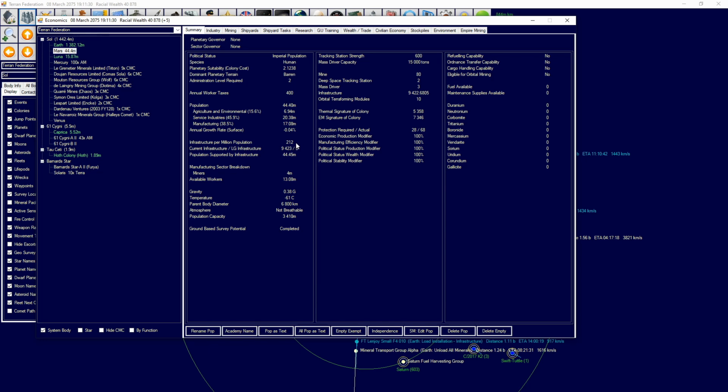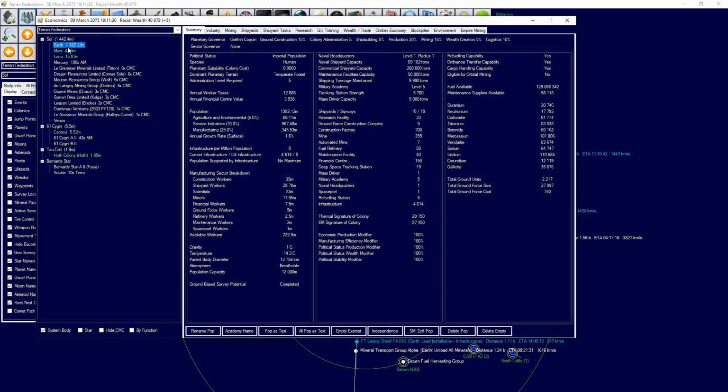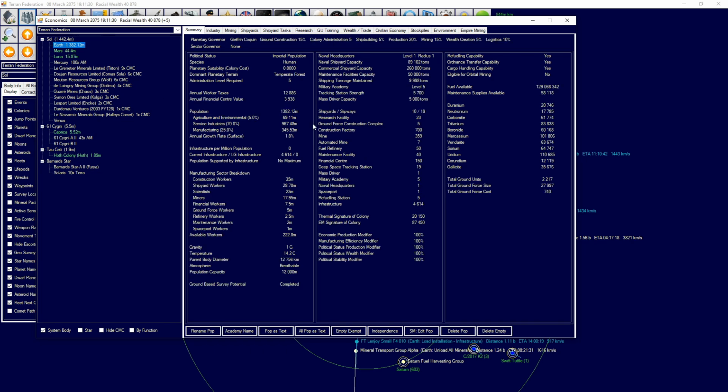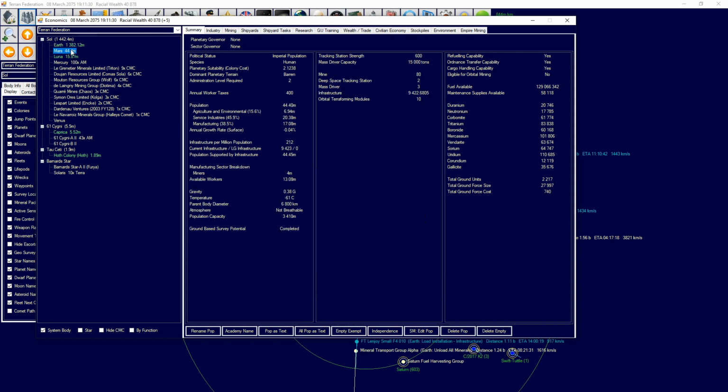And it will also then affect your population because, as you can see here, I'm having to put a much larger percent of my population, 3 times as much, into agriculture and environmental sectors rather than Earth, which has only 5% of its population in those sectors. And this still represents terraforming jobs and people trying to keep others alive. And this is why people recommend building stations with terraforming modules.